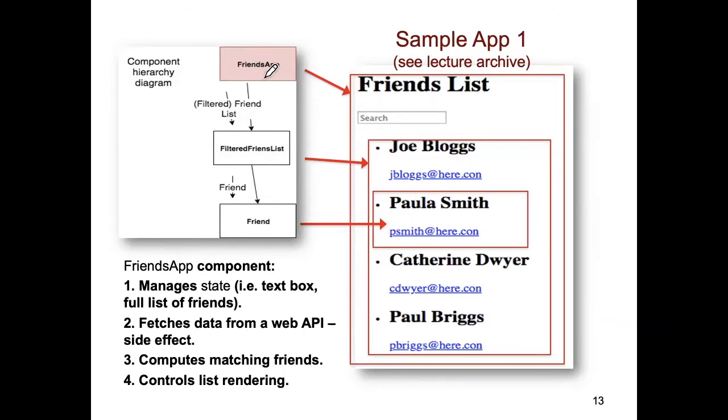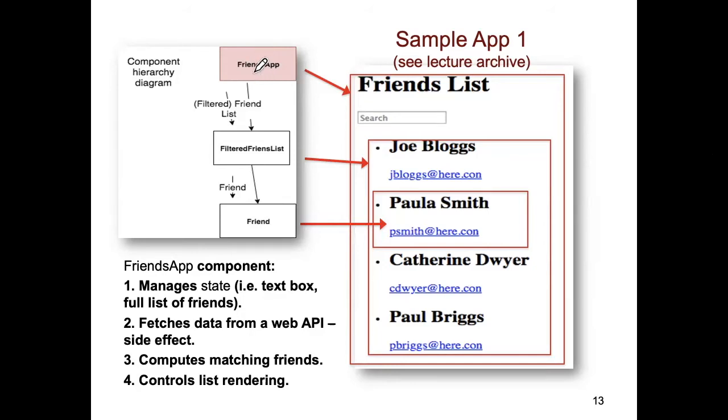So this is the one that we're really interested in because it's stateful. And I'm saying at the bottom left of the screen here that there are two state variables contained within this component. One is going to hold the full list of friends that have been returned by the Web API.